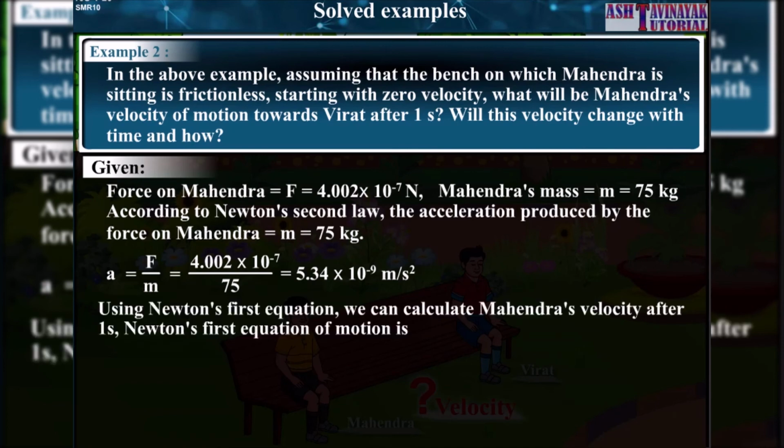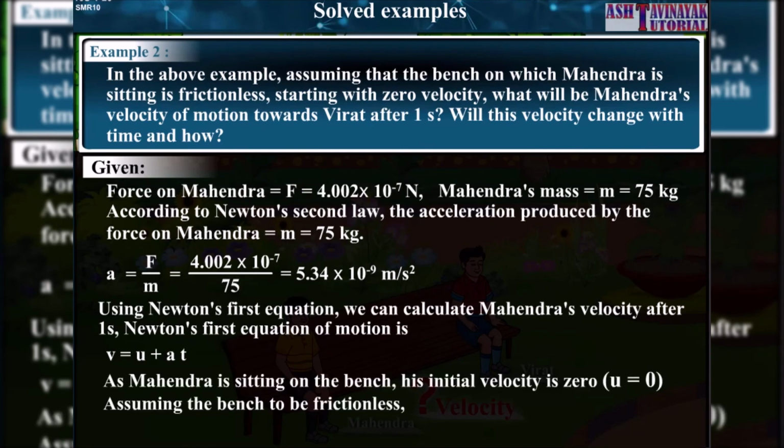Using Newton's first equation, we can calculate Mahendra's velocity after 1 second. Newton's first equation of motion is v is equal to u plus at. As Mahendra is sitting on the bench, his initial velocity is 0. That is, u is equal to 0.